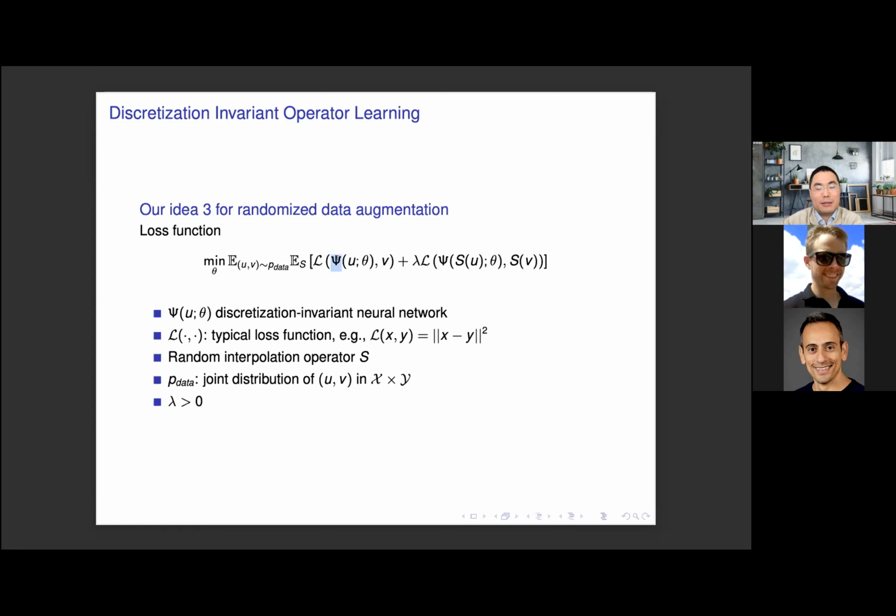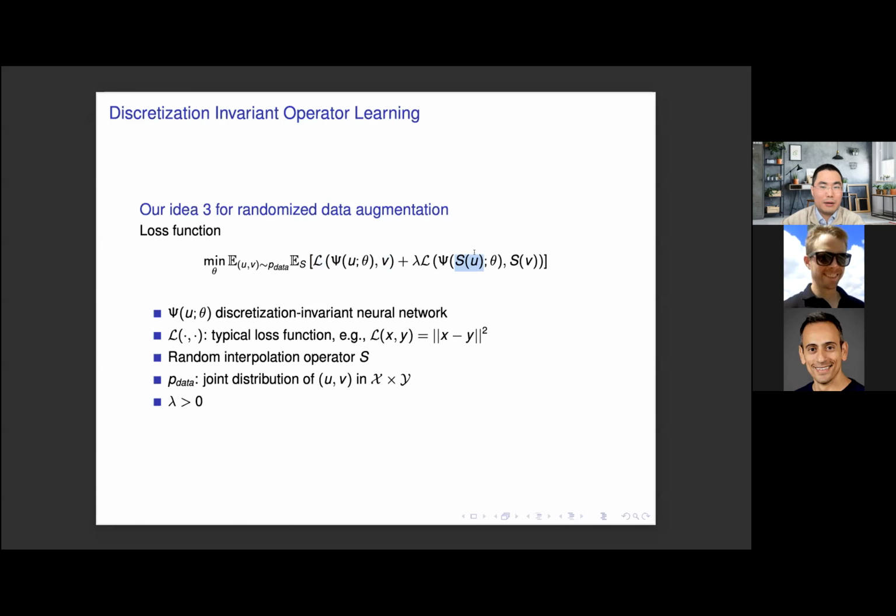Suppose psi is the network that we built to do the operator learning. Given an input U, we want to learn a network psi such that it can map it to a target function V. Here, L is some loss function, for example, the mean square error. And in our optimization procedure, we want to have some random interpolation operator S, such that we can interpolate some given training data with a fixed discretization format to some other discretization format.